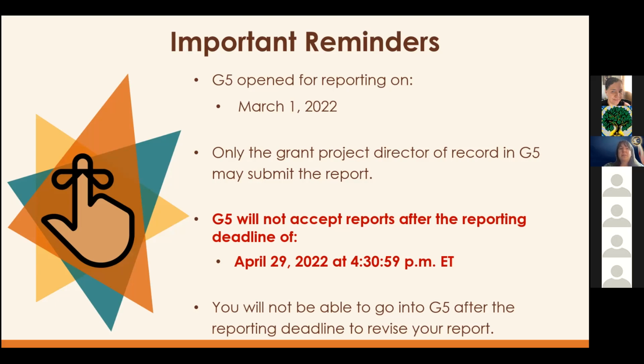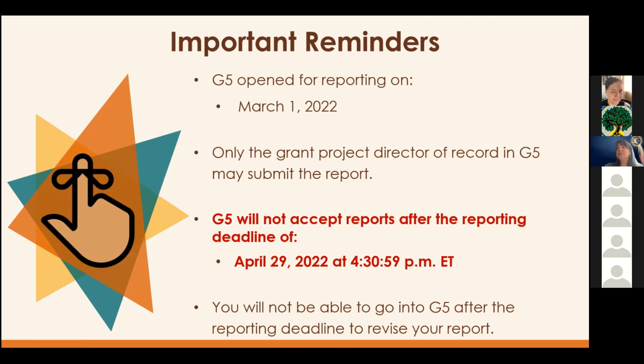Some reminders. The G5 will open for reporting as of tomorrow. Sorry, that should say March 18th on that top date. So as of tomorrow, you'll be able to get in for your NYCP reports into the G5 system, keeping in mind that the project director is really the only person who has access to the G5 system and can access that report.